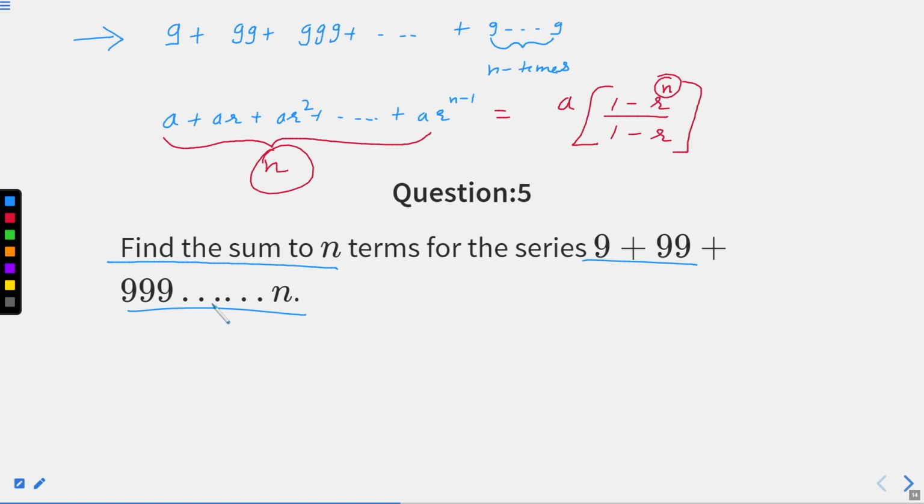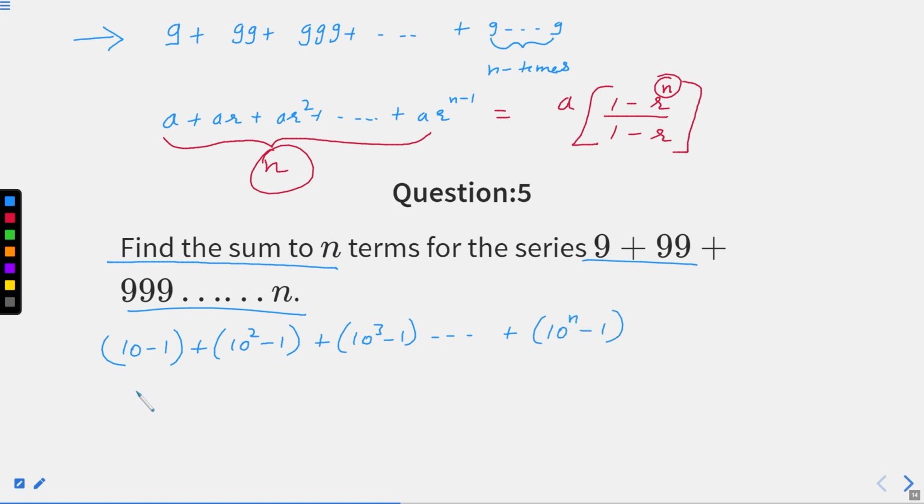So how will we apply it here? It is very easy to see that 9 can be written as 10 minus 1, and 99 can be written as 100 minus 1, that is 10 squared minus 1. Similarly I can write all the terms like this: 10 to the n minus 1.